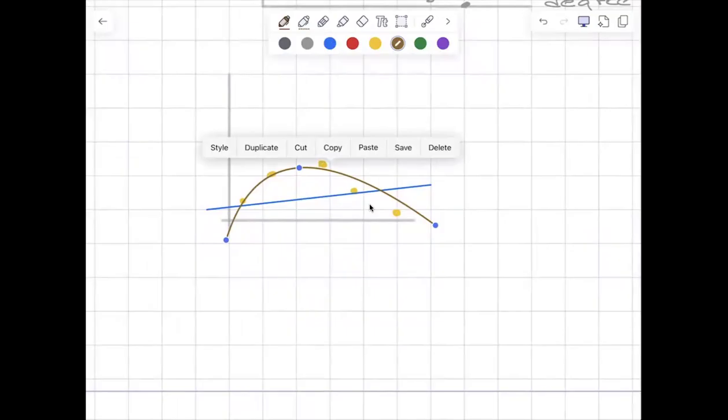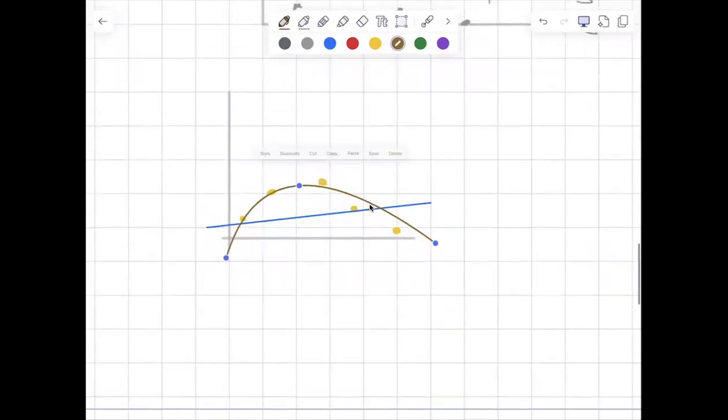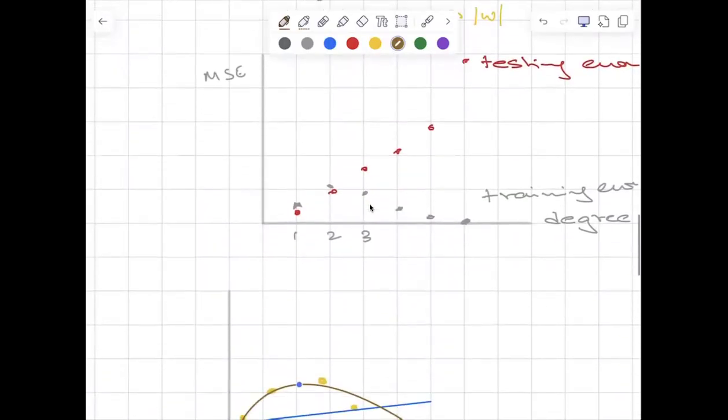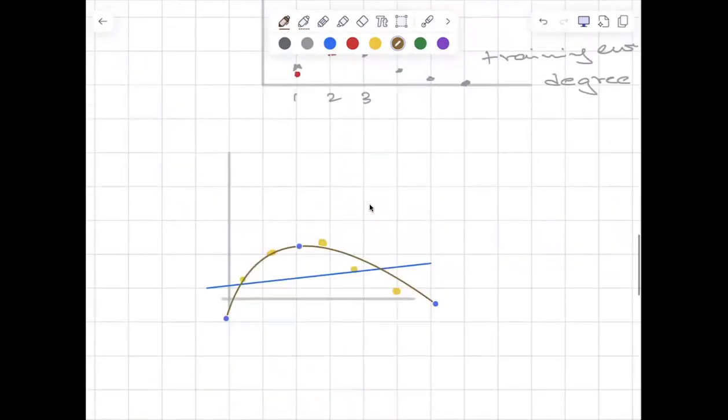How to decide which model is good is from a combination of the training error and the testing error. We won't be using testing error, of course, but validation error. We'll be using that to say, okay, which model should I be using? Which model fits the data the best? And what you want to avoid is something like that.